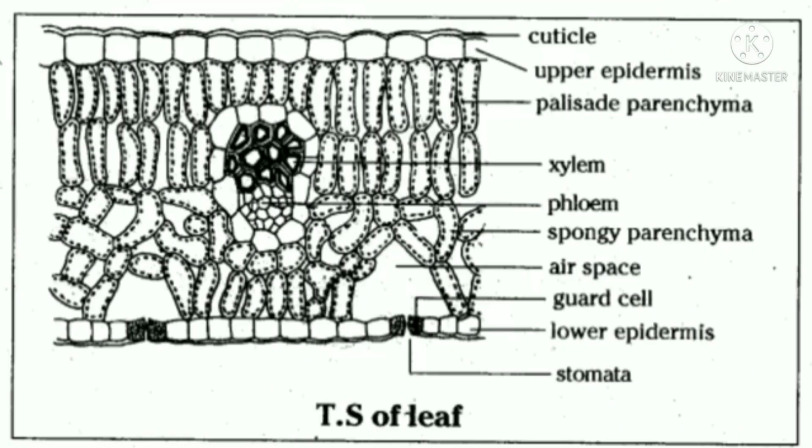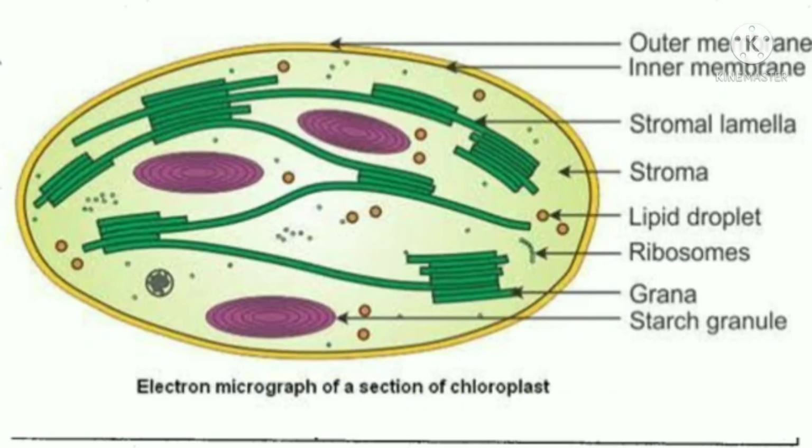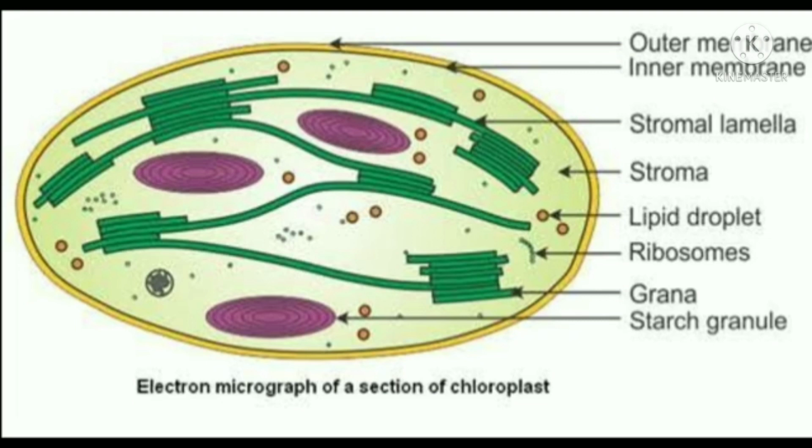If we observe the palisade parenchyma, we will notice some green color structures. These green color structures are called chloroplasts. Chloroplasts consist of an outer membrane, inner membrane, stroma, ribosomes, granum, and starch granules.